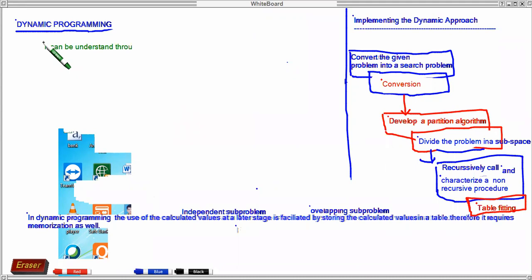It can be understood through LCS. LCS is important. What is LCS? The longest common subsequence.